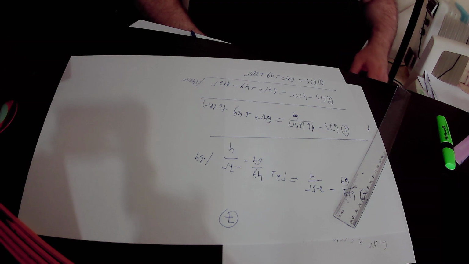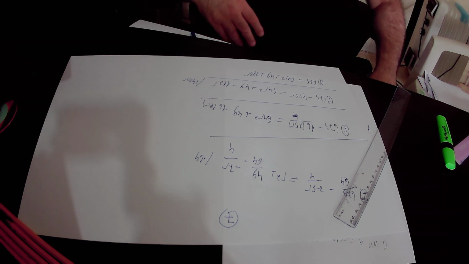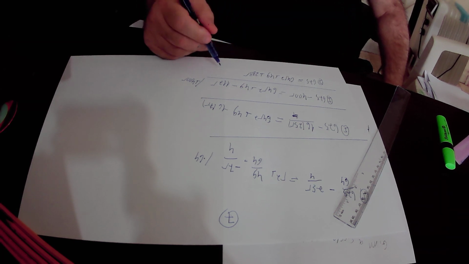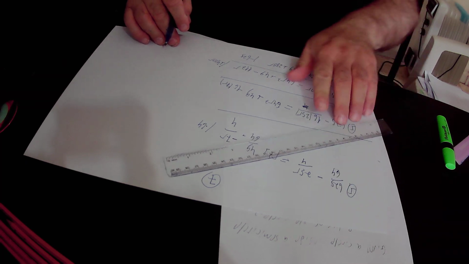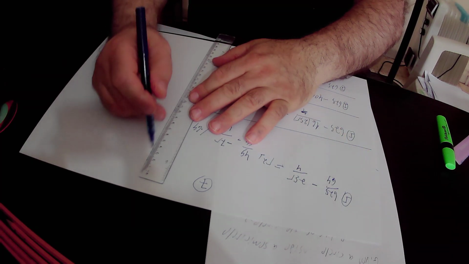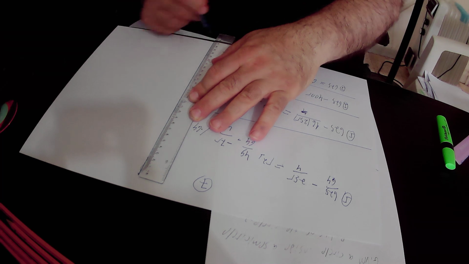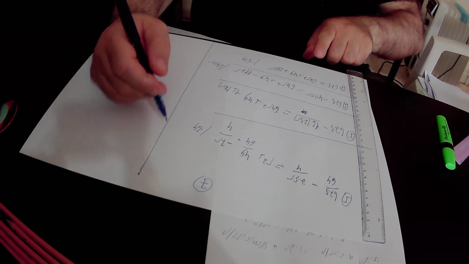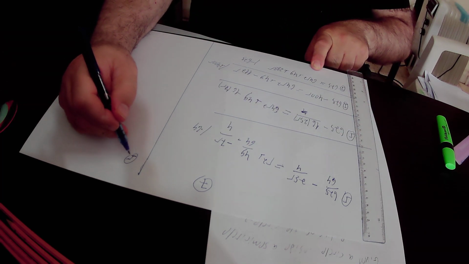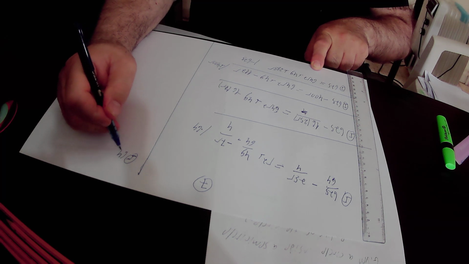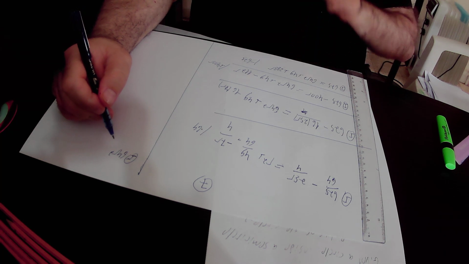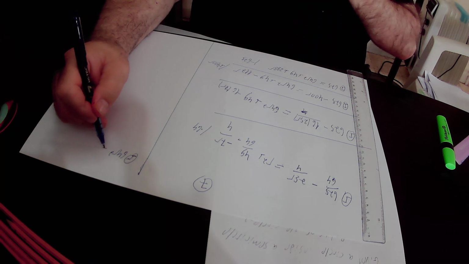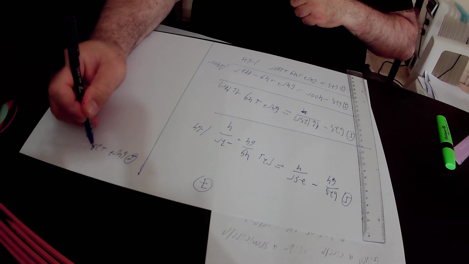In the next step, we will subtract 625 from this equation, equation number 1. And we will get that according to equation number 1, 64r squared plus 288r.